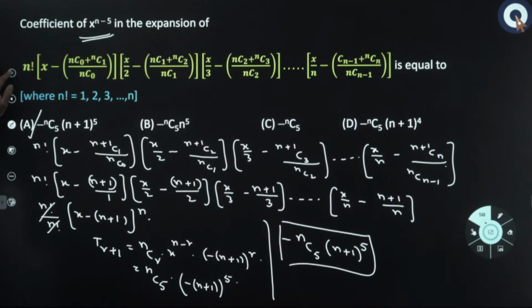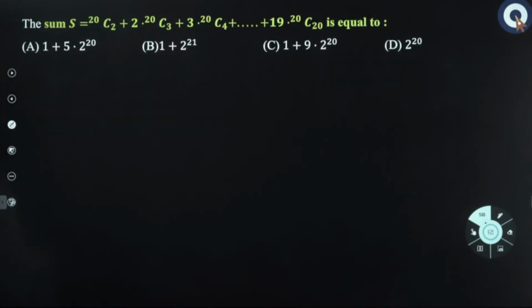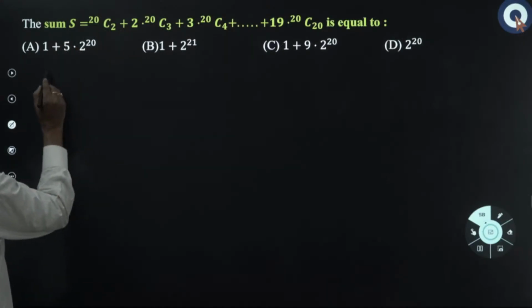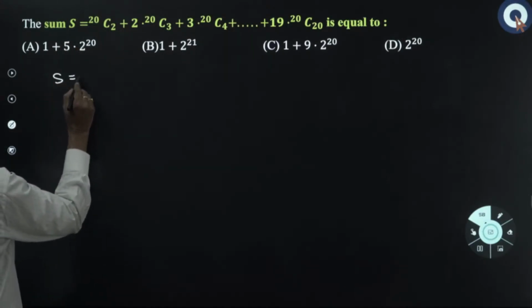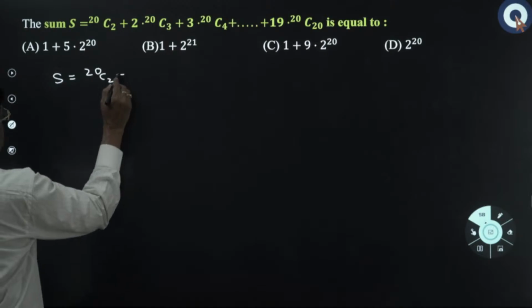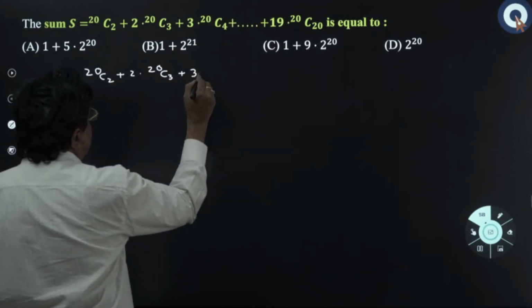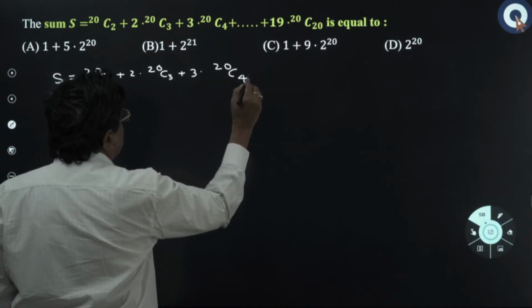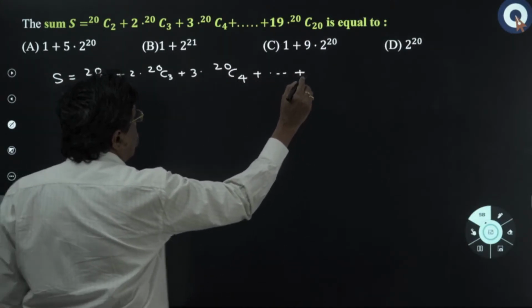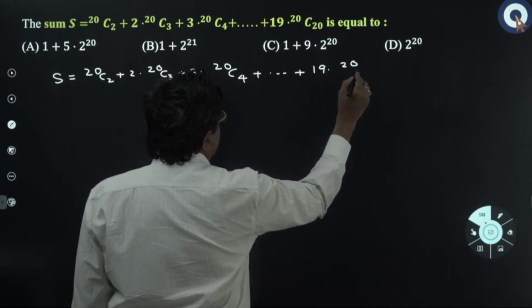Next, the sum 20C2 plus 2 into 20C3 plus so on, plus 19 into 20C20. So what we do here, let S be equal to this. S is equal to 20C2 plus 2 into 20C3 plus 3 into 20C4 plus so on plus 19 into 20C20.